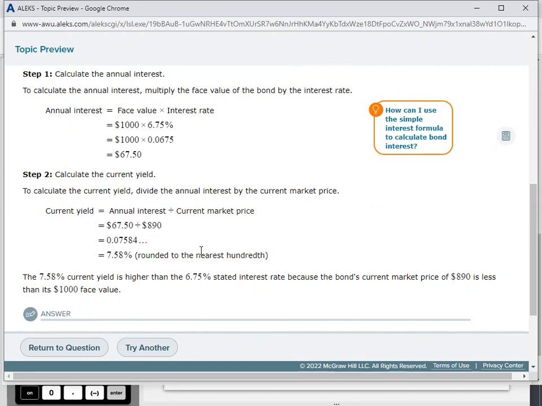So at this exact moment, the bond is worth $890, and when you divide, you get 0.0758, so 7.58%. That would be your current yield. The current yield is higher than the 6.75% stated interest rate because the bond's current market price of $890 is less than its $1,000 face value.